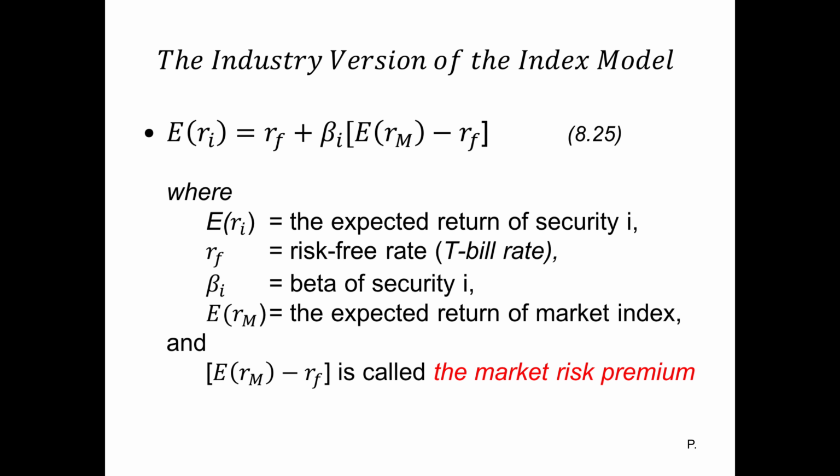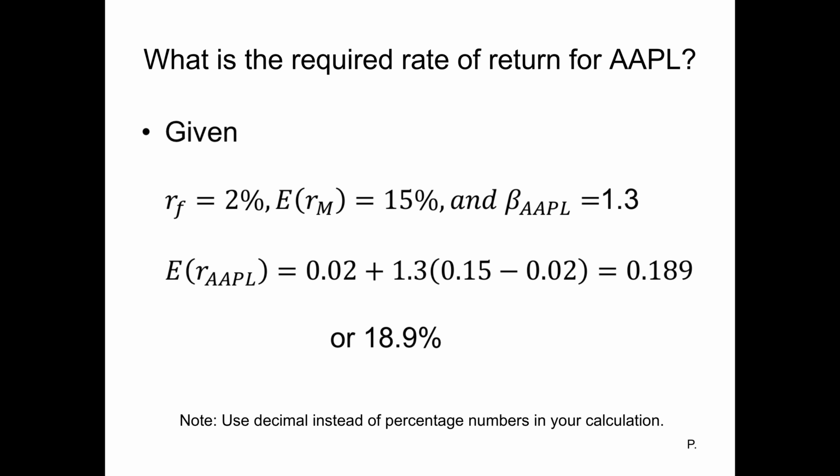Now remember, some of the books say that market risk premium is above the risk-free rate. For our calculation, we just use this formula. We don't call it excess return. For regression purposes, it's good enough.